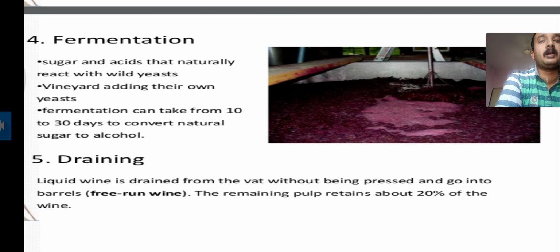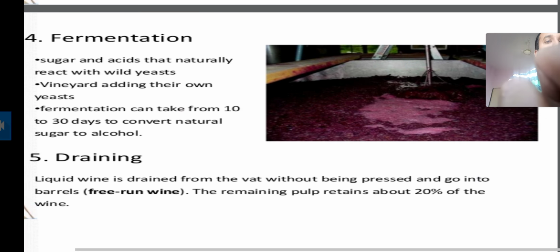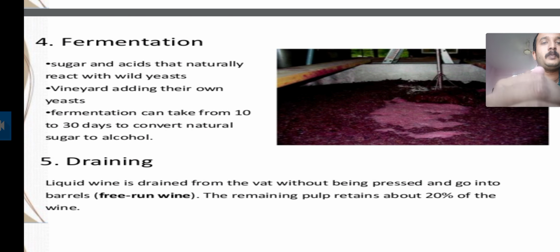Then the draining process. After the formation of the alcohol, the liquid wine is drained from the vat without being pressed and goes into the barrels. The remaining pulp retains about 20% of the wine.